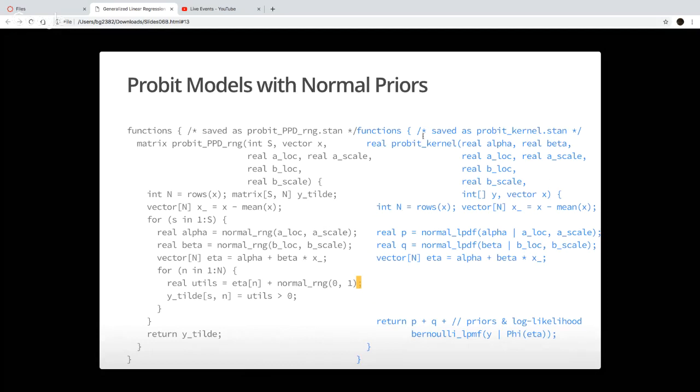In terms of, okay, if I want to condition on the data, how would I do that? The only thing I changed here is that instead of doing bernoulli_logit_lpmf, it's now Bernoulli y given Phi of eta, to use the standard normal CDF to map the expectation of utility given by eta to the 0-1 interval, and thus be appropriate for success probabilities.